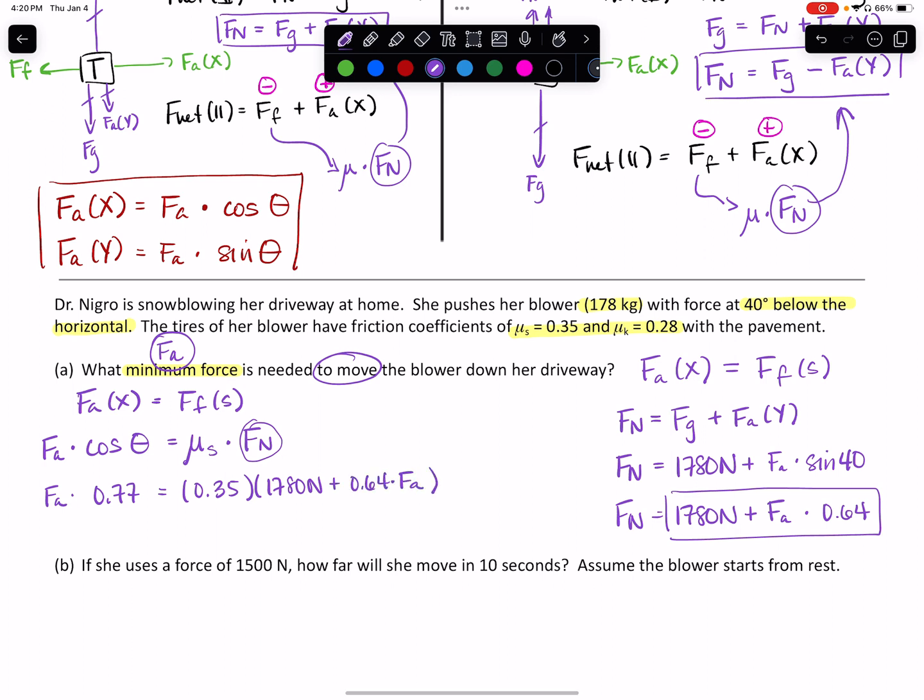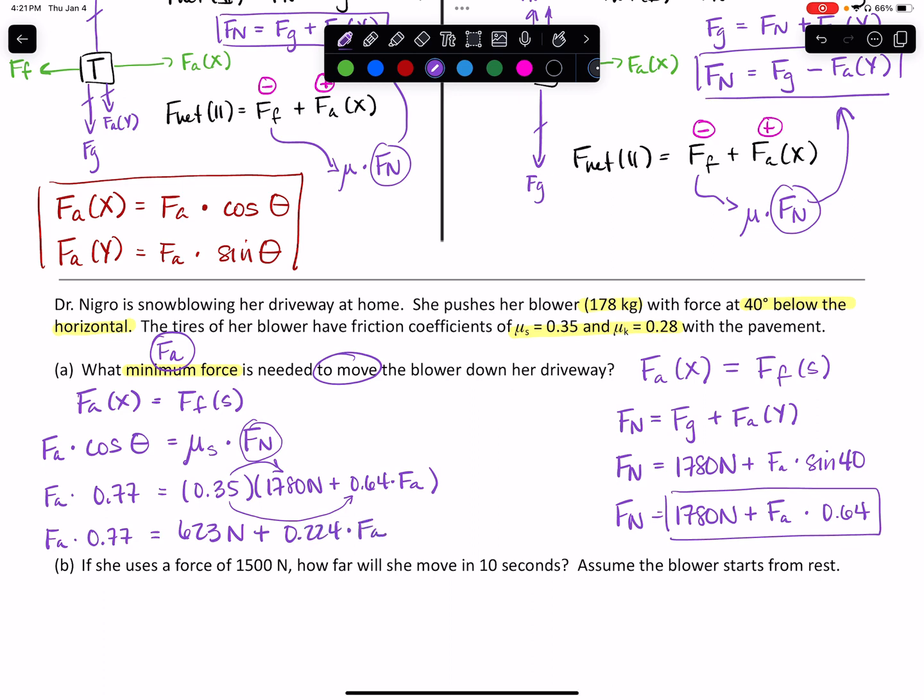So I'm going to need to distribute this to these two terms, and I get the applied force times 0.77, and that's going to be equal to 623 for 0.35 times 1,780. And then here, I'm going to get 0.35 times 0.64, 0.224 times FA.